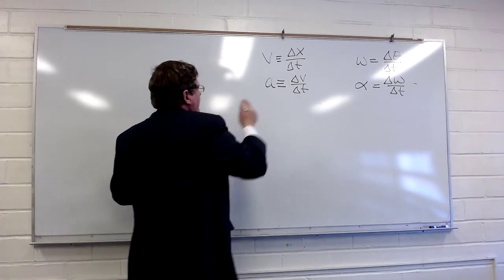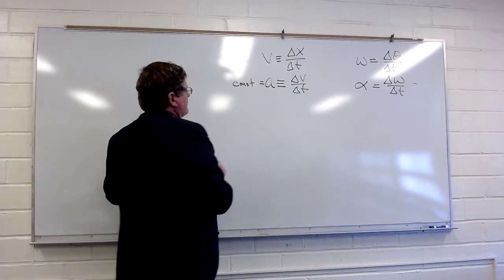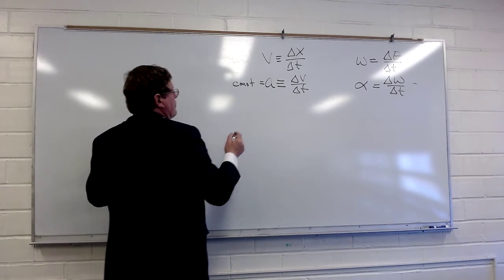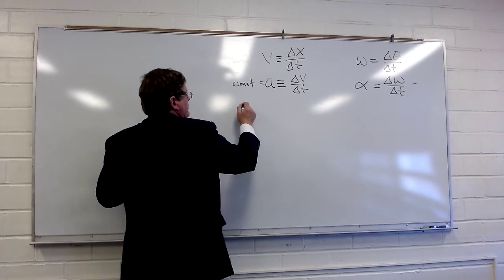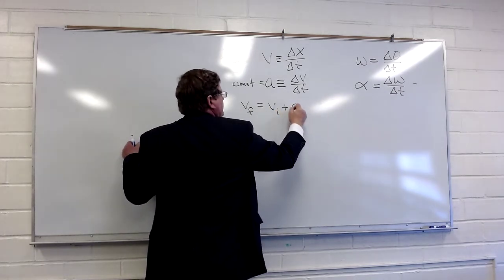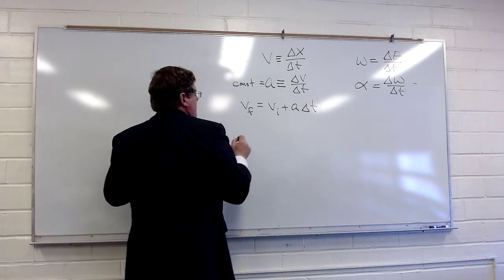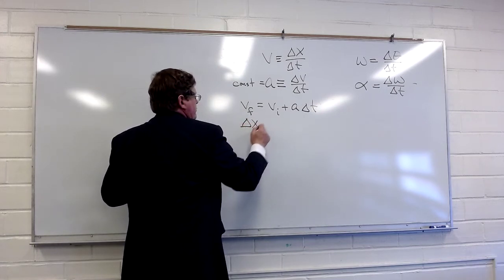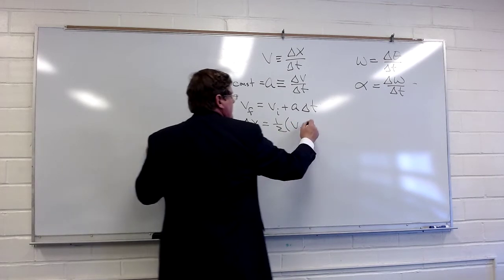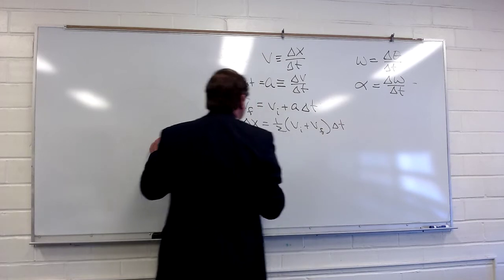Now, if I had a constant acceleration, we found that this led to 4 kinematic equations, that v final was equal to v initial plus the linear acceleration times the time. We found that the displacement was the average velocity, which is 1/2 the initial plus the final times the time.